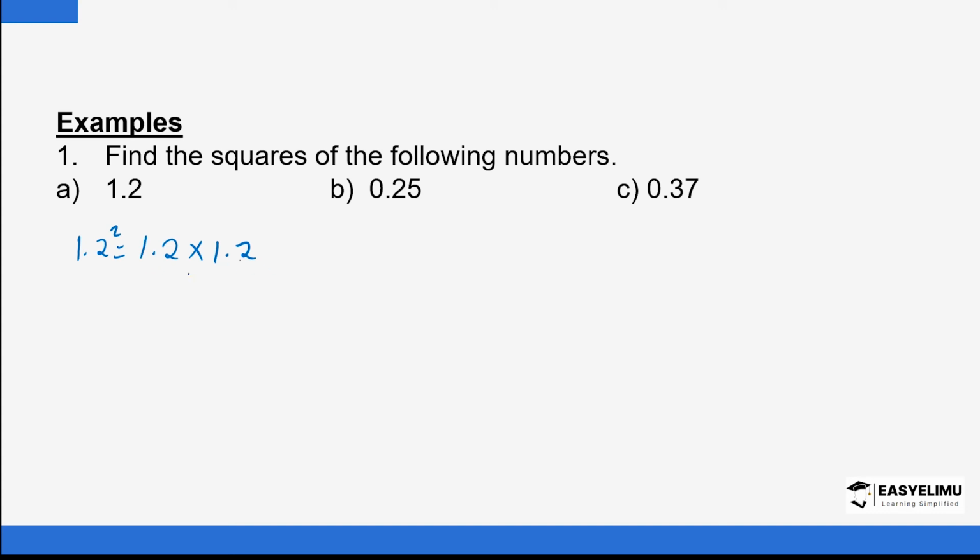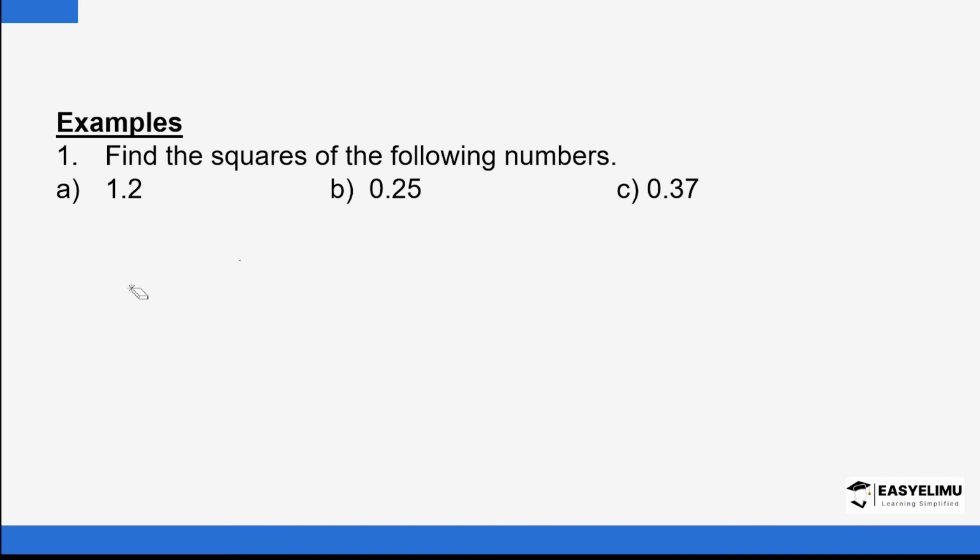This is one decimal place, and then we added another one decimal place in this one. So our answer is having two decimal places. So we just multiply 12 by 12, we got 144, and then by inspection we just check where the decimal point is supposed to be, so that we have two decimal places in the answer. So the approach for this lesson is going to be different.